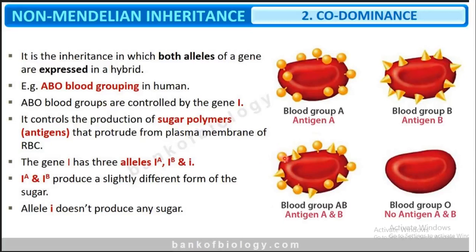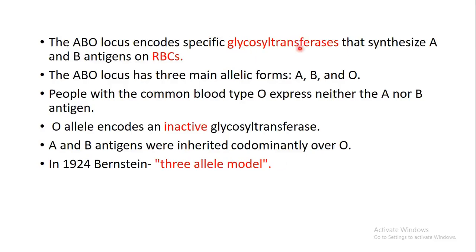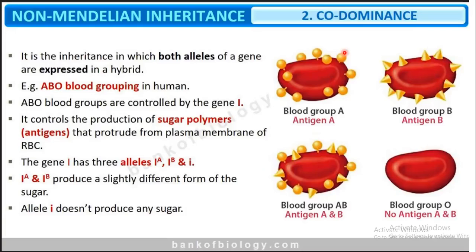These are all sugar polymers. The enzyme that produces these sugar polymers is the glycosyltransferase enzyme, which modifies the carbohydrate content of the RBC antigen. So what does it do? It modifies the carbohydrate content of the RBC. How does it modify?